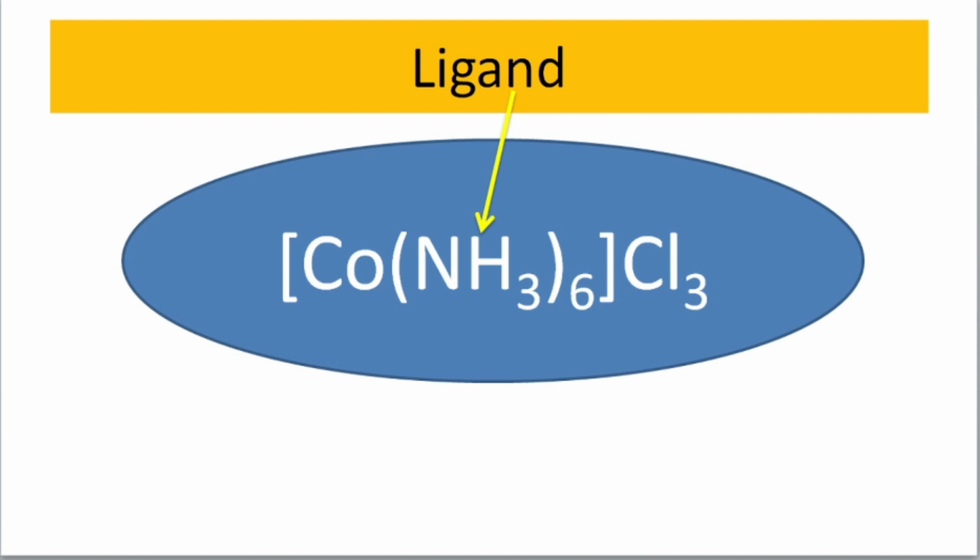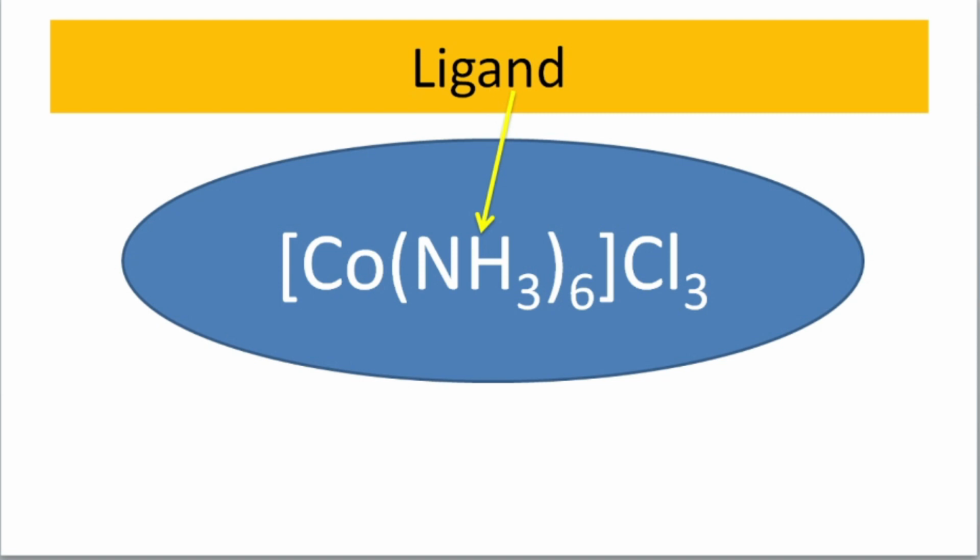And what kind of bond exists between ligand and metal ion? Yes, coordinate bond. In this complex, Co(NH3)6Cl3, ammonia, NH3, in IUPAC nomenclature in coordination chemistry, we term as amine. This amine is a ligand. How many ligands are there? Six ligands are there. My point of interest here is that around the central metal ion, donating species exist which link with the metal ion by means of coordinate bond.